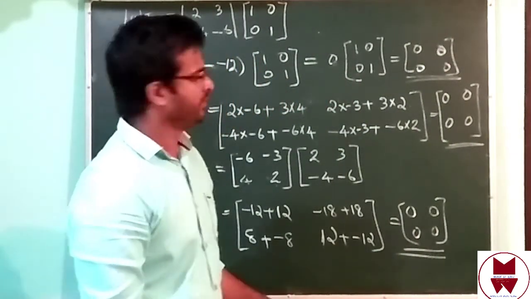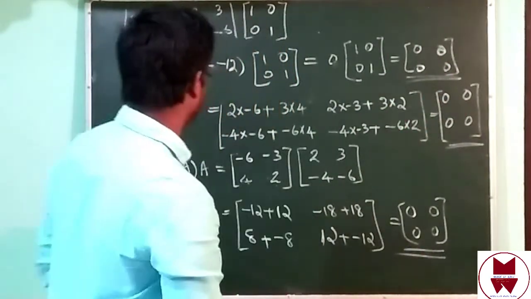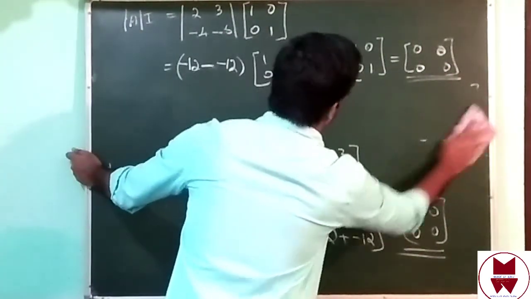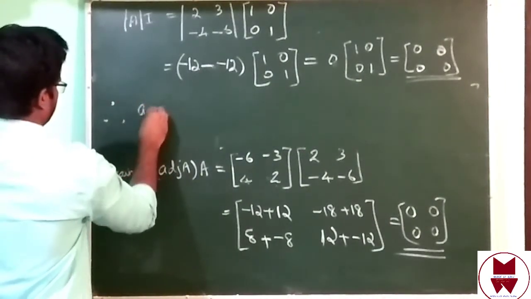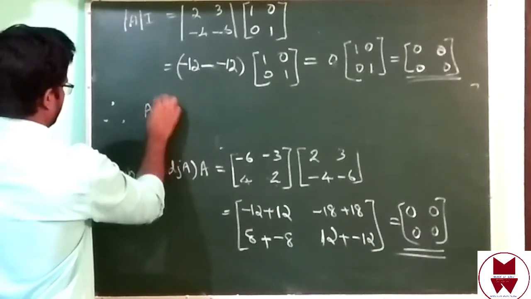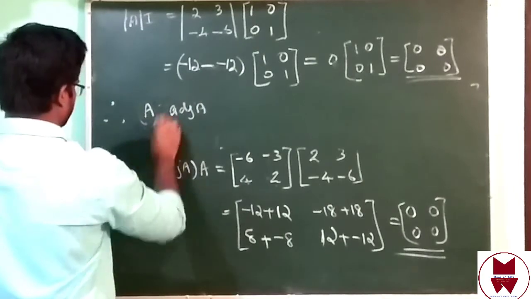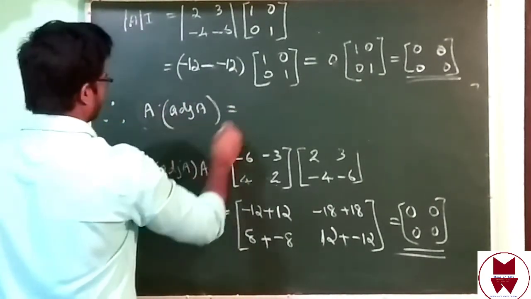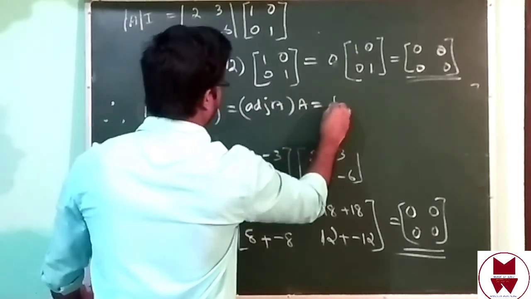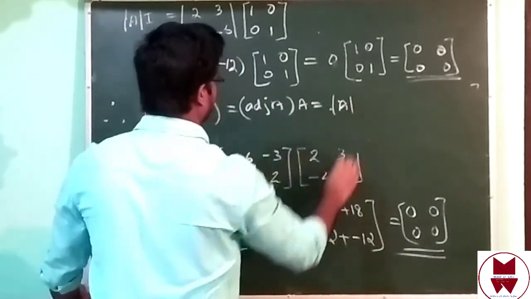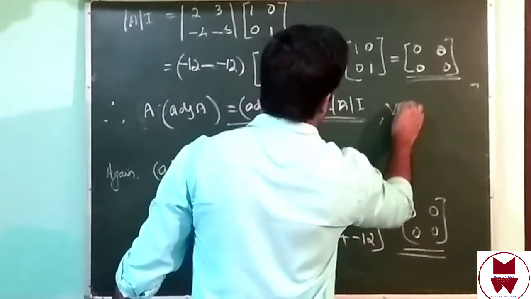We got all three answers as the 0 matrix of order 2 by 2. Here also a 0 matrix, and here also a 0 matrix. Then we can write, therefore, A into adjoint of A equal to adjoint of A into A equal to determinant of A into I. Verified.